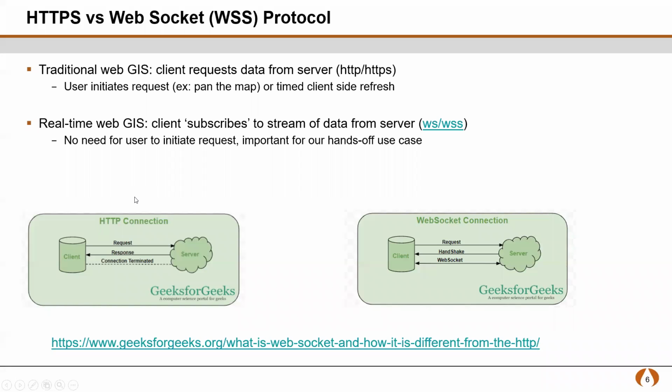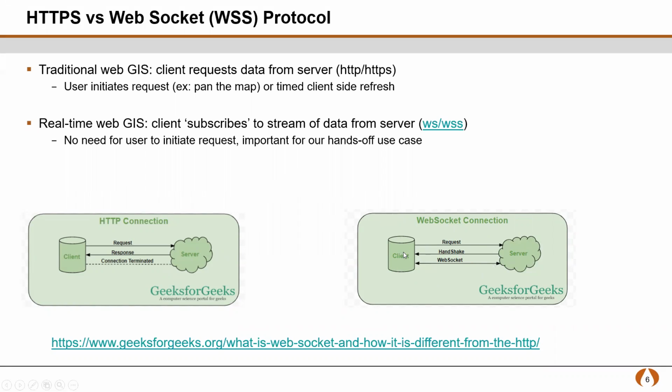Contrasting that with real-time WebGIS, this works a little bit differently. Once the client subscribes to that real-time WebSocket data source and authenticates with the server with a handshake, you basically open up a bi-directional tunnel where you can just receive or send data without initiating a new request every time.